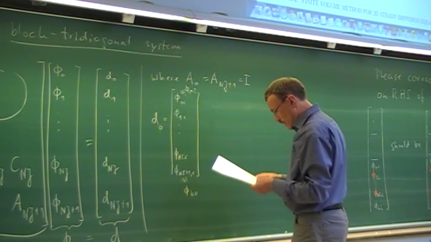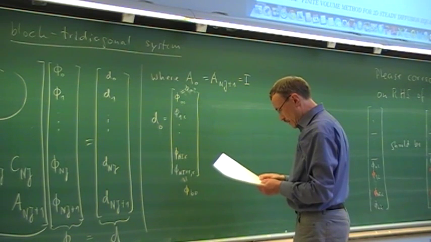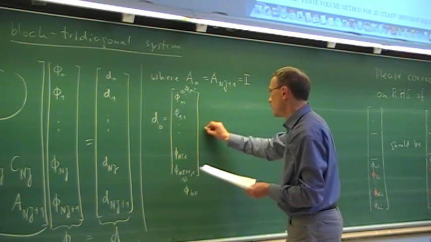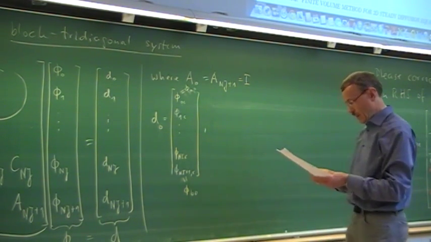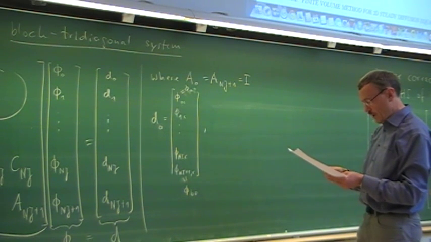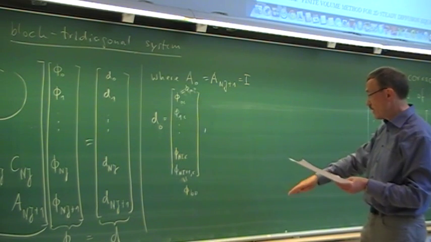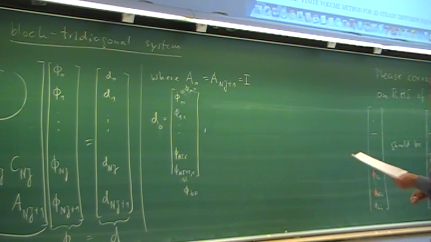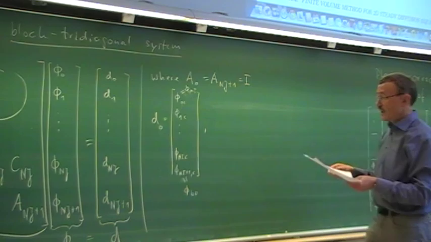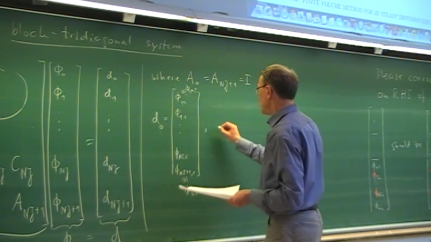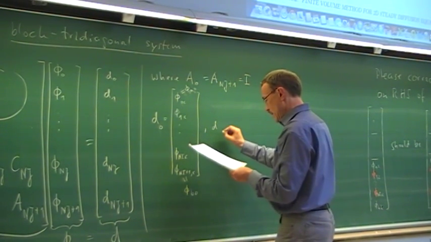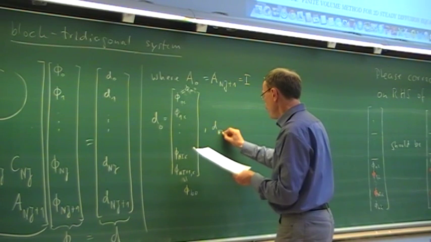And if we take the boundary conditions at the lower boundary, we can also take the boundary conditions at the upper boundary, that is the d Nj plus 1.